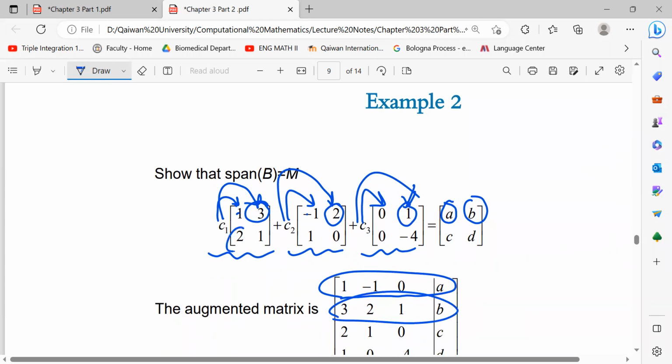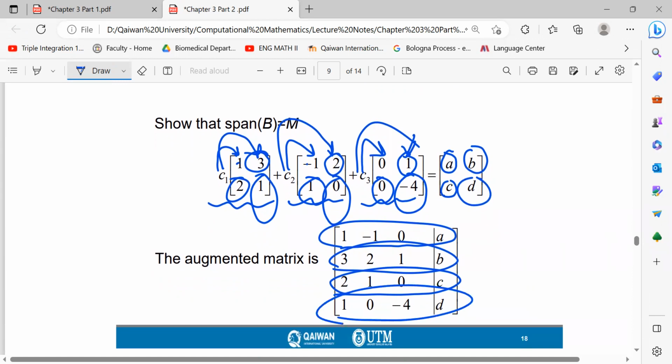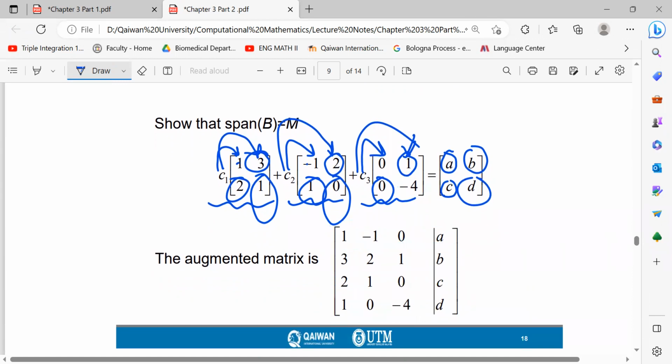The third row is 2, 1, 0, C. The fourth row is 1, 0, -4, D. That's it. We have this augmented matrix.